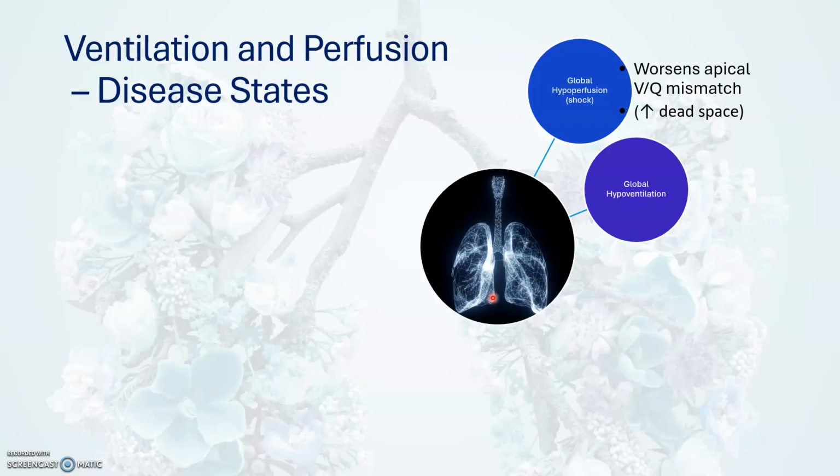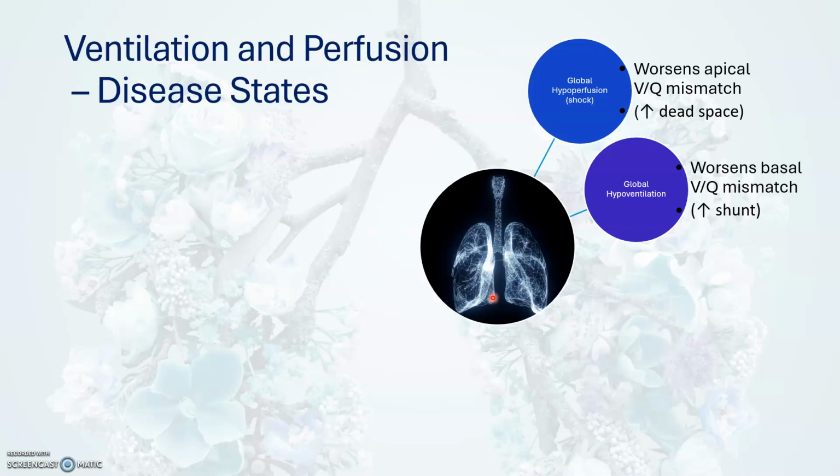With global hypoventilation, the reverse happens. Because ventilation is maximal at the base, with reduced ventilation there's an even greater mismatch between ventilation and perfusion at the base of the lung.